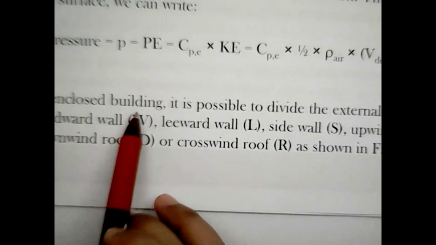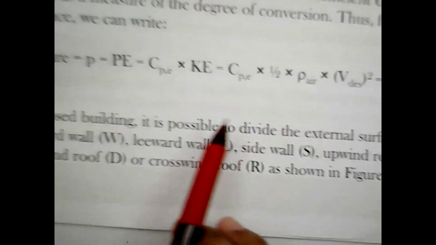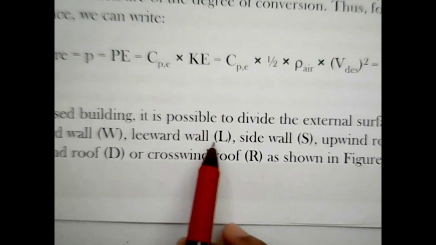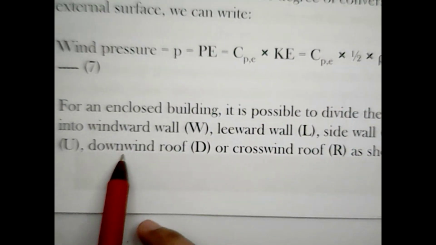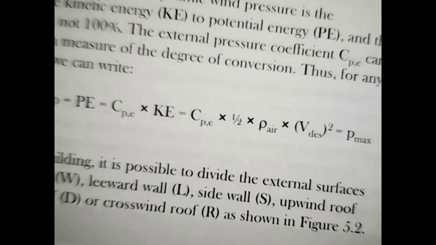For an enclosed building, it is possible to divide the external surfaces into windward and leeward wall, side wall, upwind roof, downwind roof, or crosswind roof, as shown in figure 5.2.